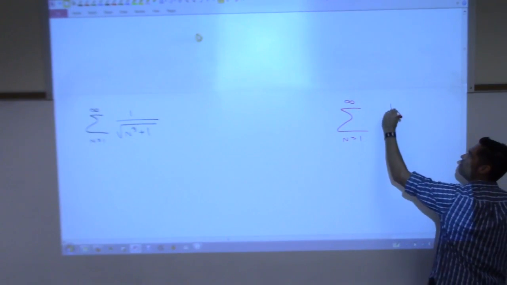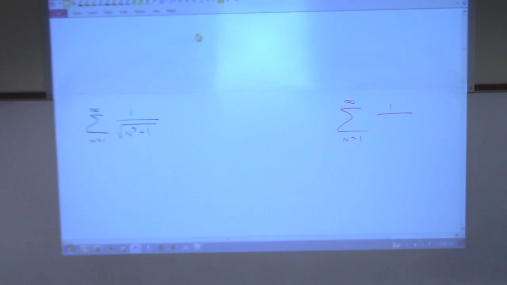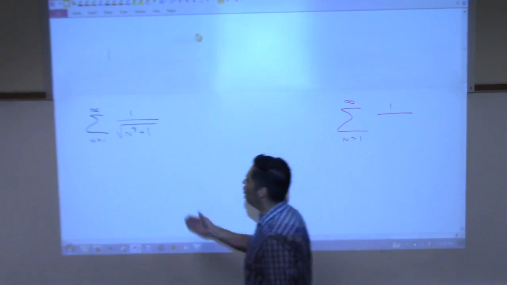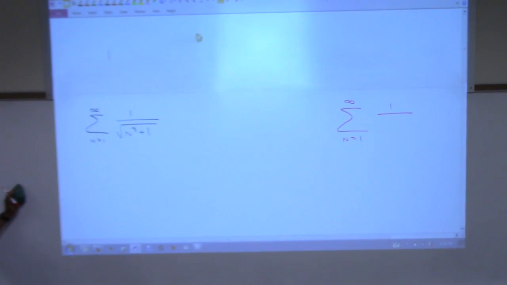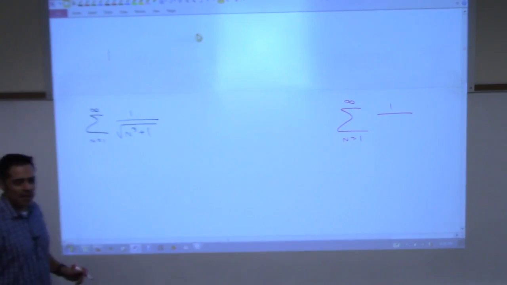We'll give you a hint. N? Where are you getting n from? Okay. Does this plus 1 really make that big of a difference? Not. So square root of n cubed?